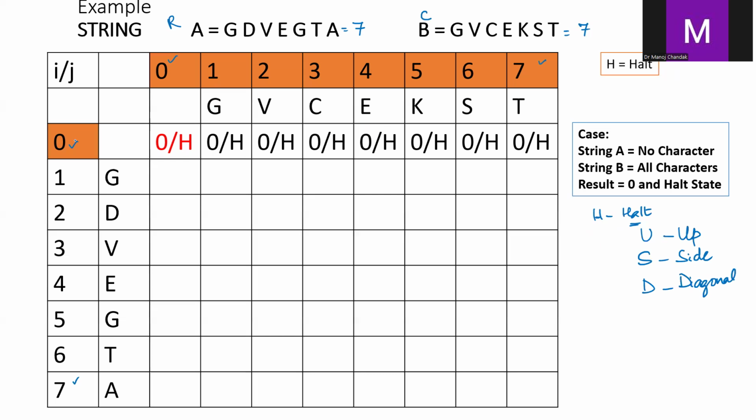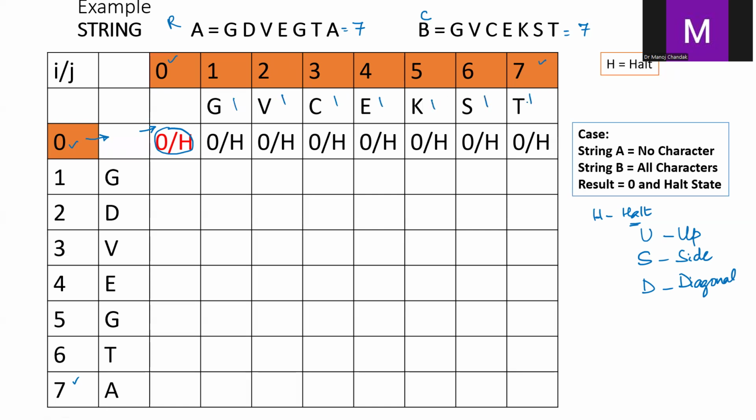If we start with the zeroth character of A and the zeroth character of B, there is no content in A and no content in B. Hence we can write 0 here, and the direction will be H. This 0 indicates there is nothing in A and nothing in B. Now, if we take nothing in A and everything in B, this will also not generate any output.